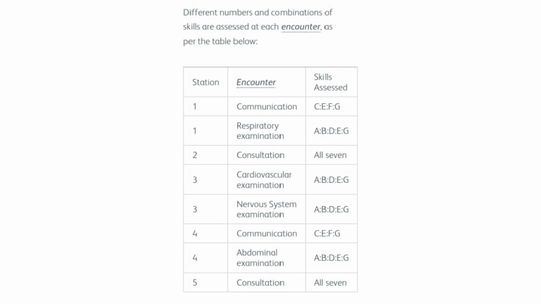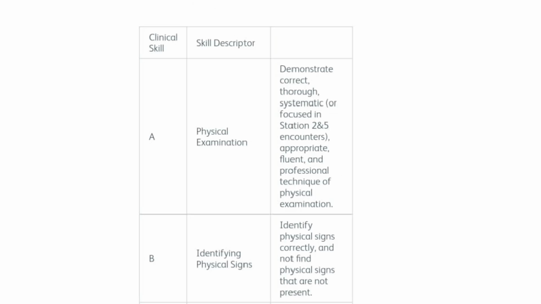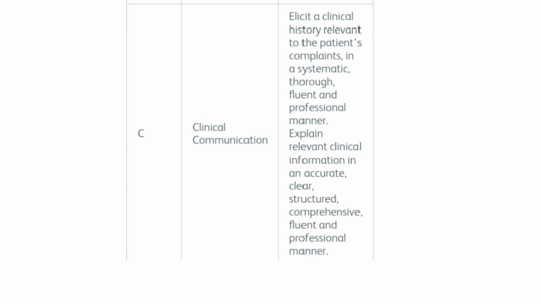So the clinical skills: A is physical examination, B is identifying physical signs, and C is clinical communication. D is differential diagnosis, E is clinical judgment, F is managing patient's concerns, and G is maintaining patient welfare.